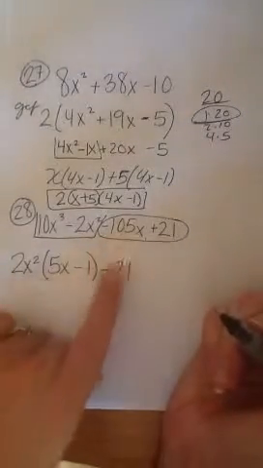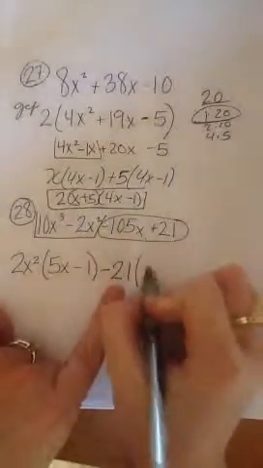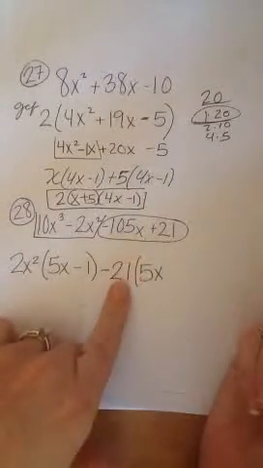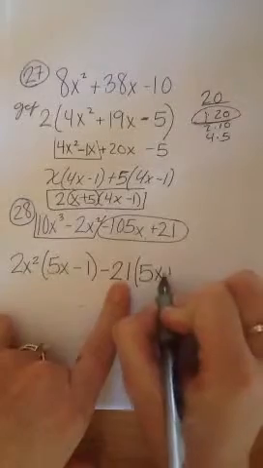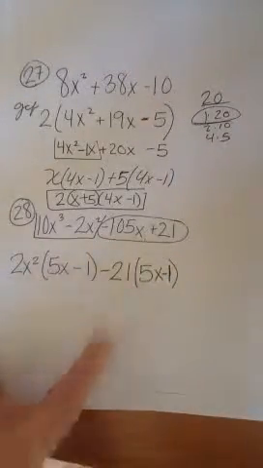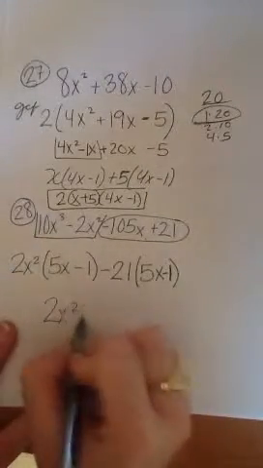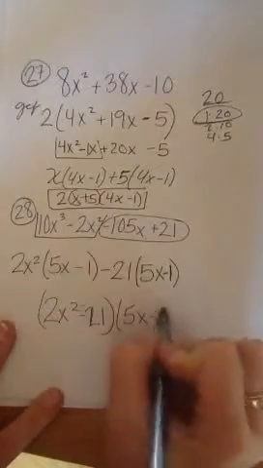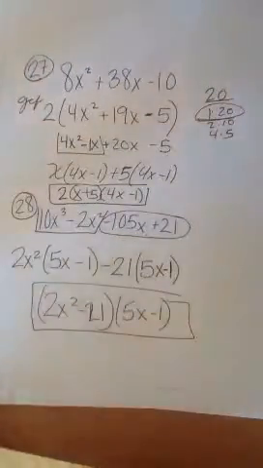Negative 105 divided by negative 21 is a positive 5x. 21 divided by negative 21 is a negative 1. 2x squared minus 21, 5x minus 1, and we're done.